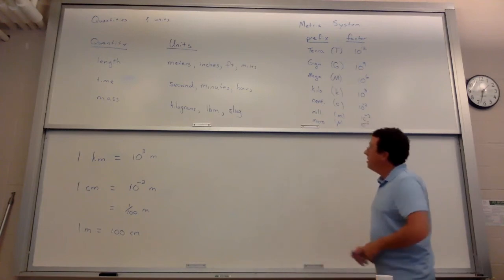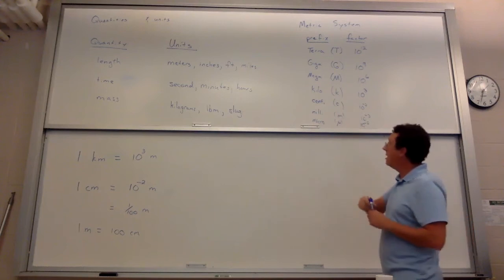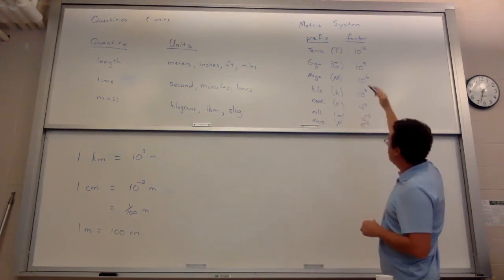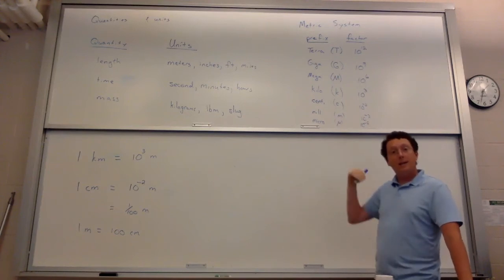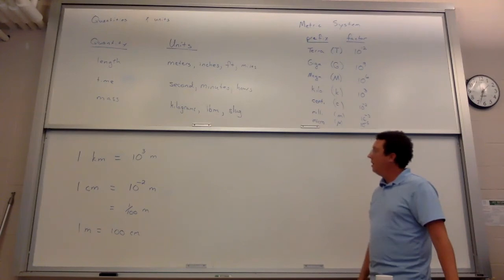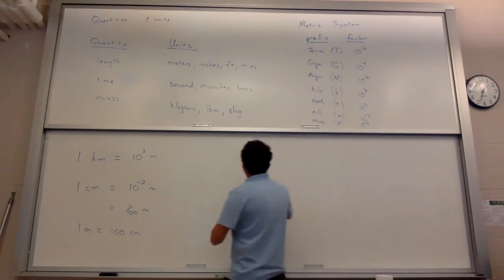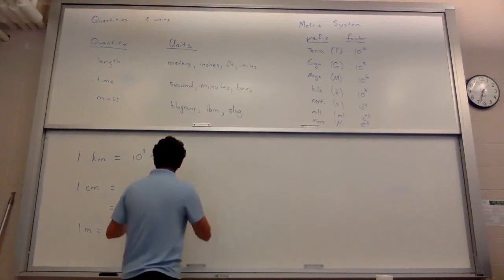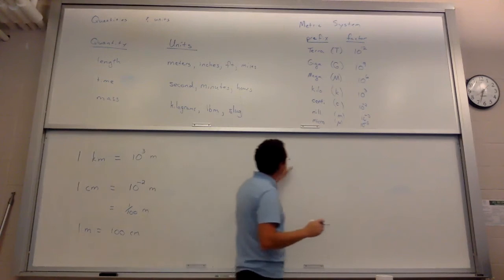Okay, so that is how the metric system works. So that allows us to define a whole series of different measurements, and you can relate them. You can go back and forth between them. So let's go through that process of converting things in a little bit more detail.